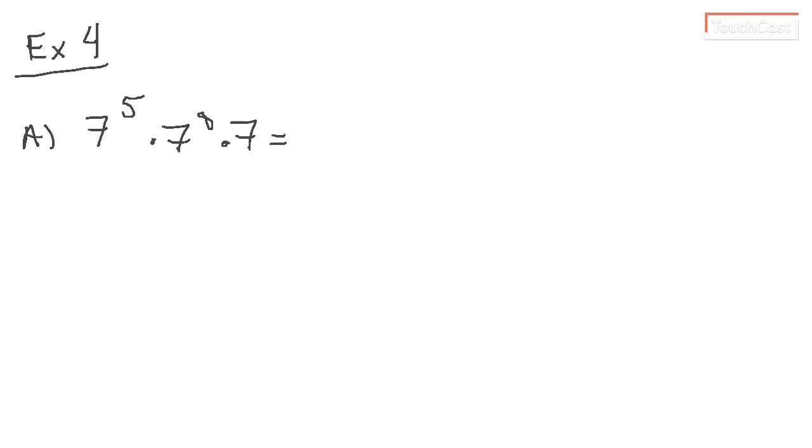So what we're going to do is rewrite this as 7 to the power of 5 plus 8 plus, and technically that last 7 does have a power. That power is a 1. So we're going to have to also add 1. 5 plus 8 plus 1, that is equal to 13. So it is 7 to the 13th power.